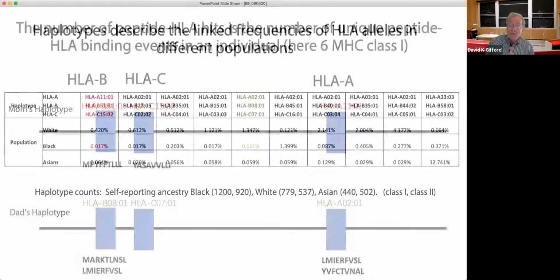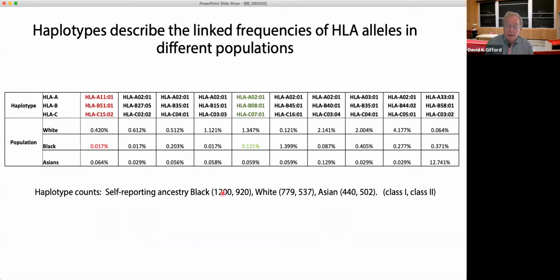Now, one unique aspect of our work is that we worked with the NIH to actually determine the haplotype frequencies of different HLA alleles. Because they're located close to one another in the genome, they're inherited together, and thus considering the marginal probabilities is not the best way to model this. So, for example, there are approximately 1,200 different class 1 haplotypes in a population that self-reports as black.